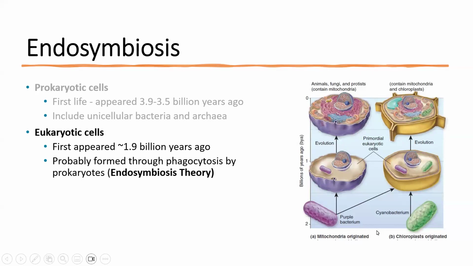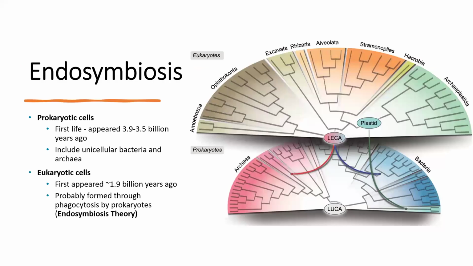Now, those purple bacteria were phagocytized by an early archaean, and then you have this sub-branch that happened later where there was a second endosymbiotic event, where there was phagocytosis of some sort of cyanobacterium, which led to the formation of plastids or chloroplasts.